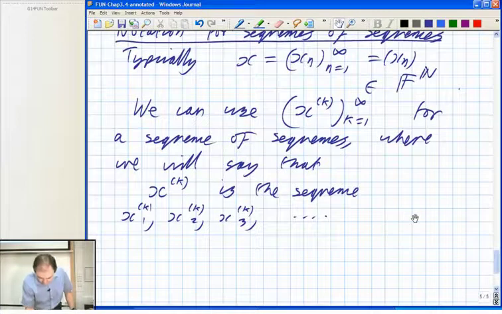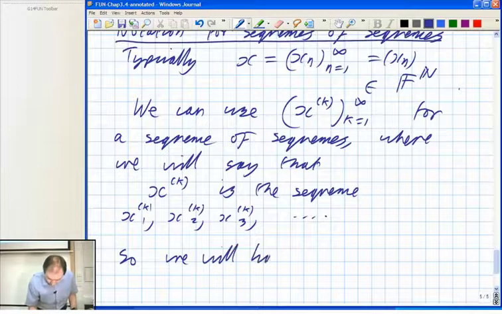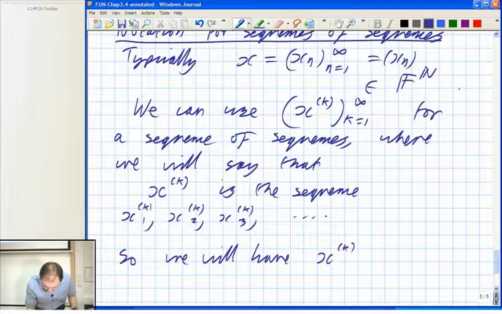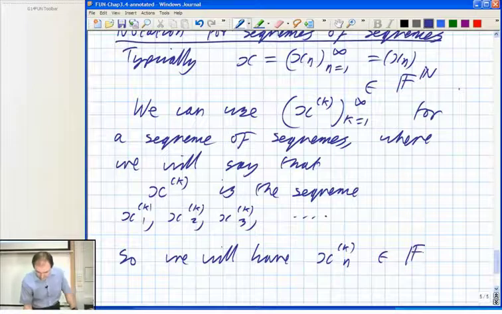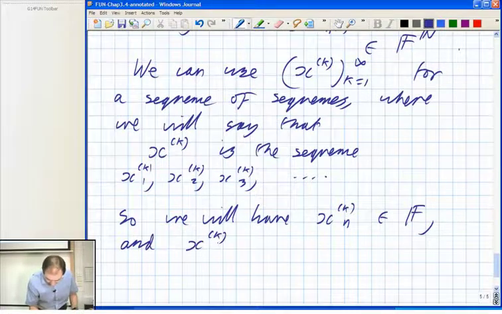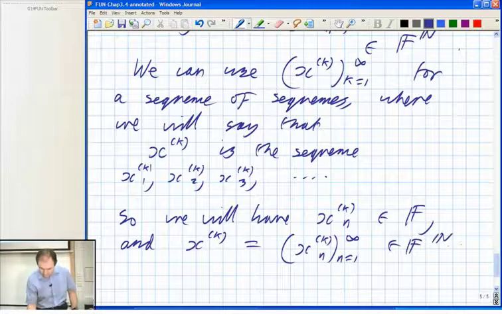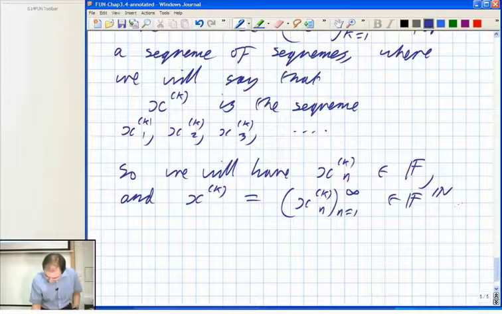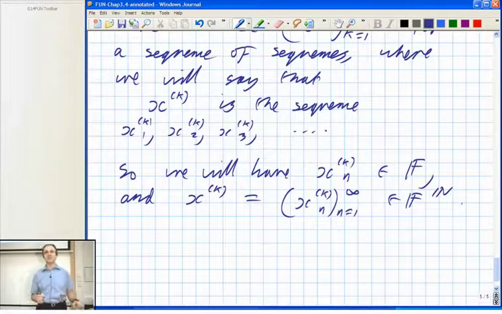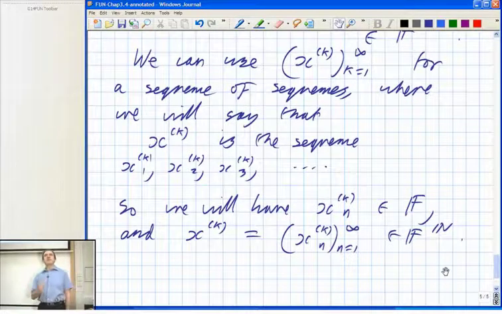So in other words, we'll have x^(k)_n's in F, and x^(k) will be the sequence (x^(k)_n), n goes from 1 to infinity, in F to the N. And then our sequence of sequences will be x^(k), k going from 1 to infinity. So that's the notation we're going to use.